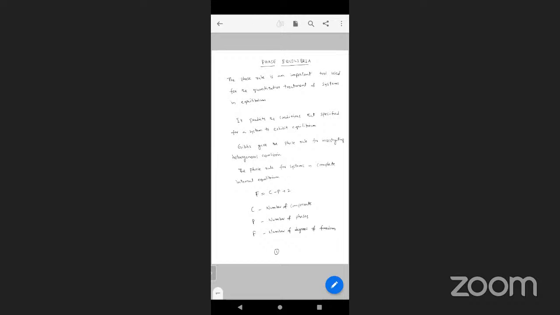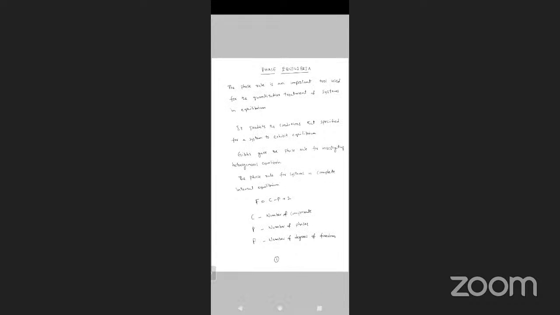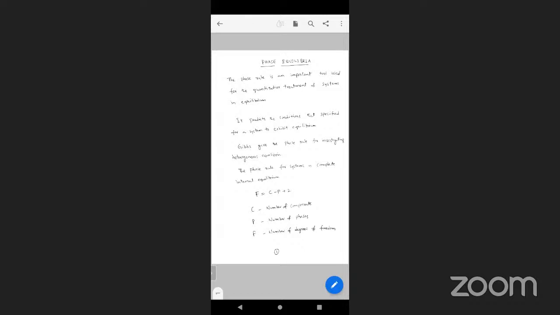Today we discuss the phase equilibria. Now in phase equilibria, generally we discuss the Gibbs phase rule and one component system, two component system.